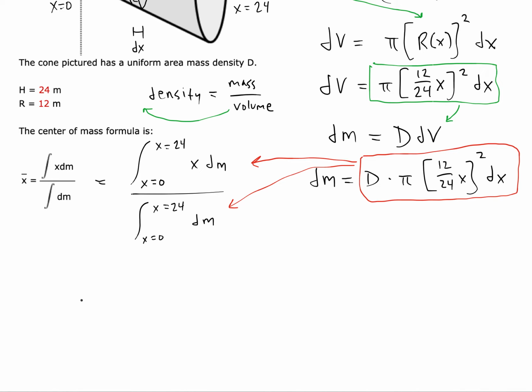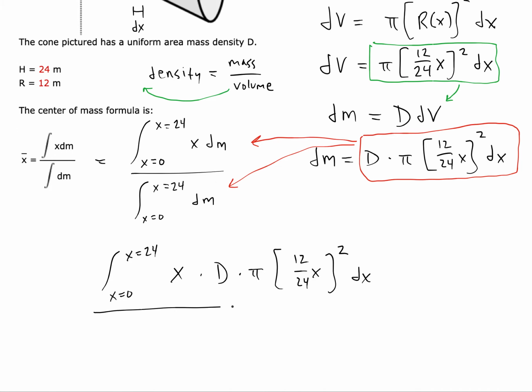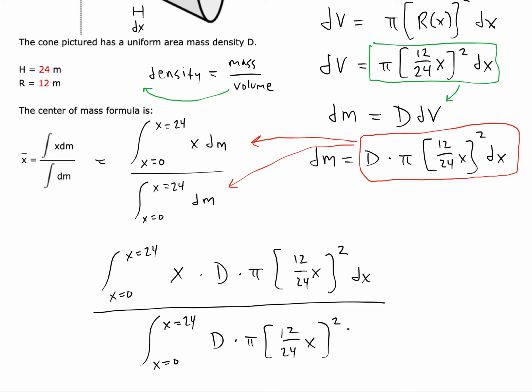So let's see, we would get the integral from x equals 0 to x equals 24 of x times d times pi (12 over 24 x) squared dx, divided by the integral from x equals 0 to 24 of d times pi times (12 over 24 x) squared dx.